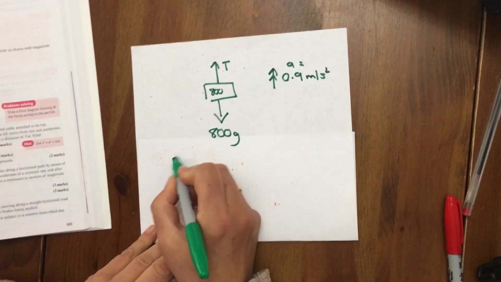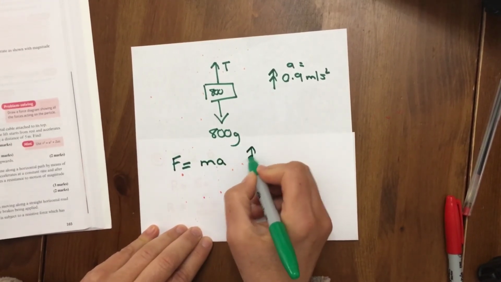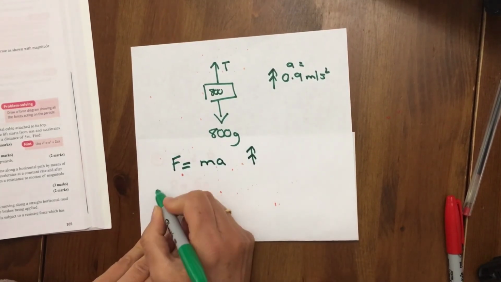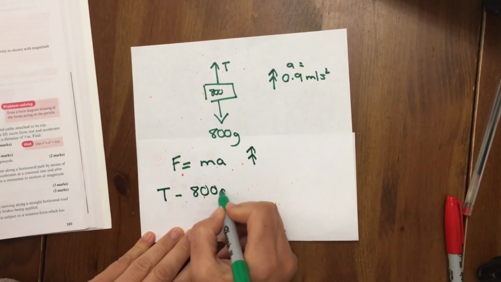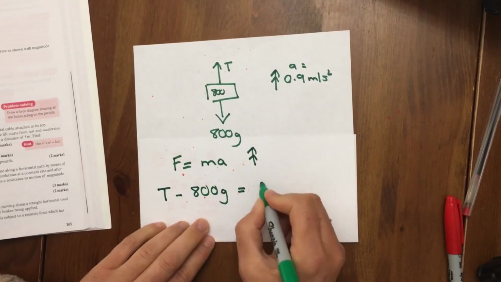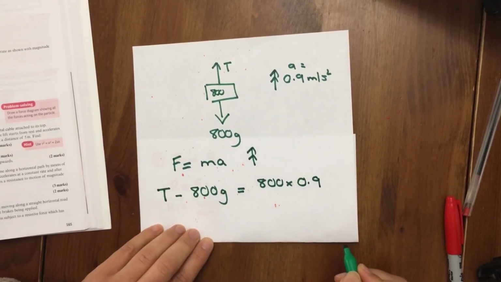So I'm going to use F equals MA, but I'm going to resolve upwards. So this time tension is positive, my weight is negative, the mass is 800 and the acceleration is 0.9.